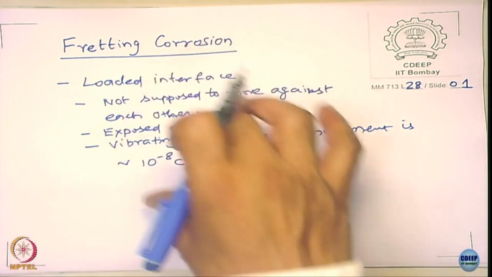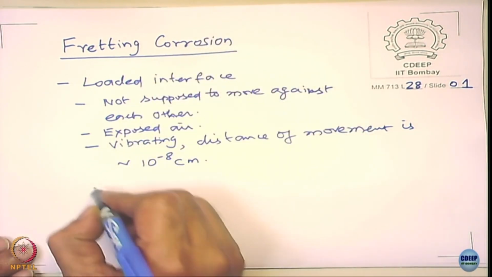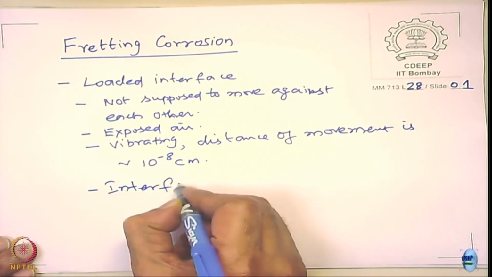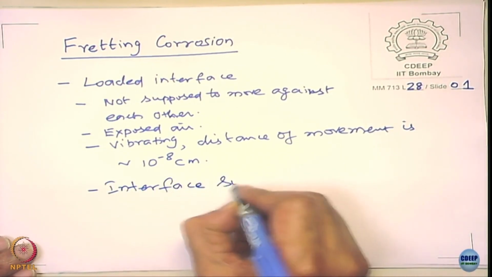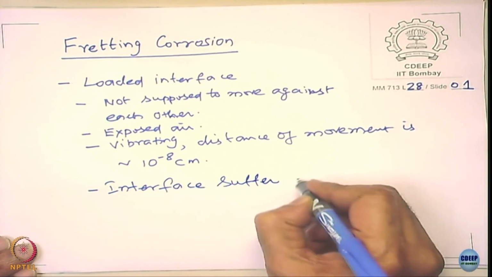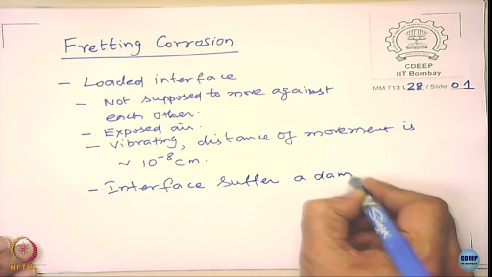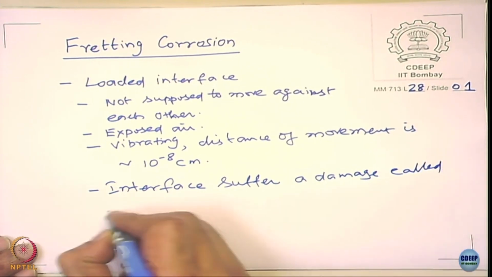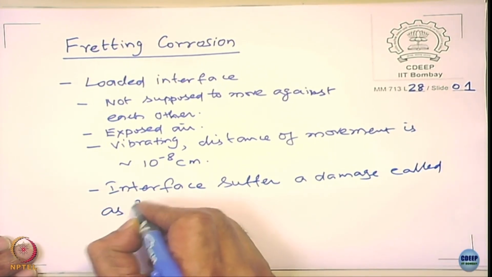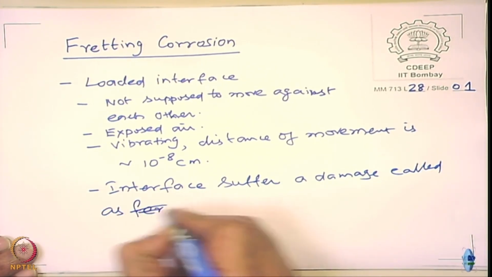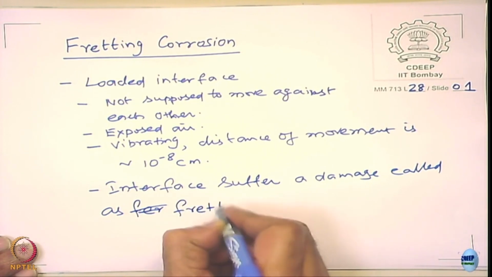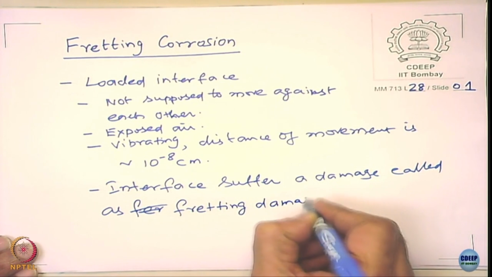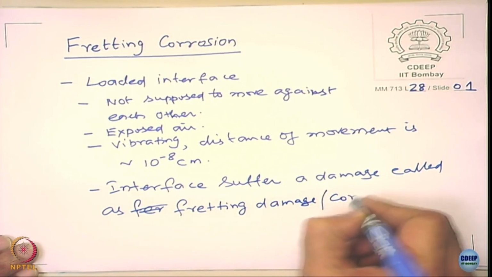When these things happen, the interface suffers damage called fretting damage, fretting corrosion you call it.